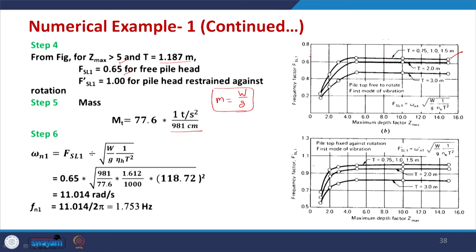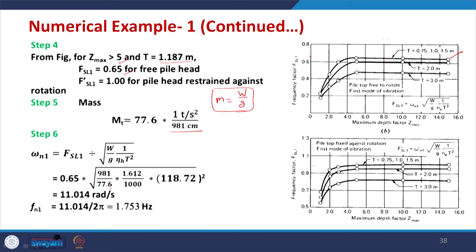Once mass is known, you can find the first natural frequency from this relation, FSL1 divided by W by G, eta S T square. Here FSL1 has been already decided as 0.65. Now put the other values: W is 70.76 ton, G is 981, and T square is given here.